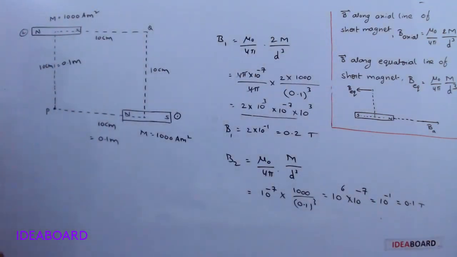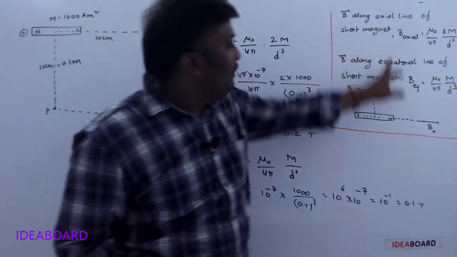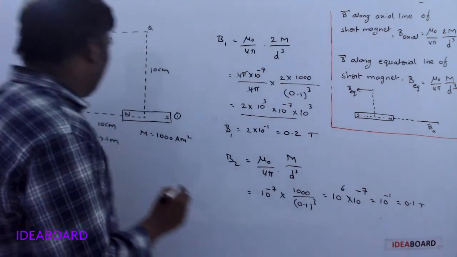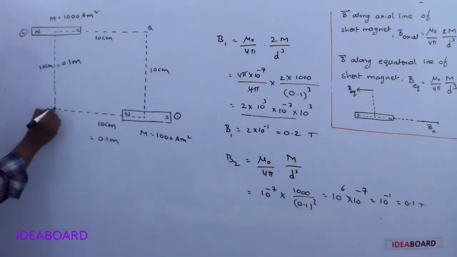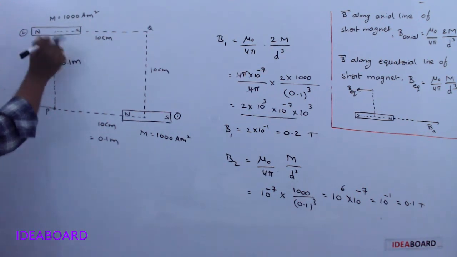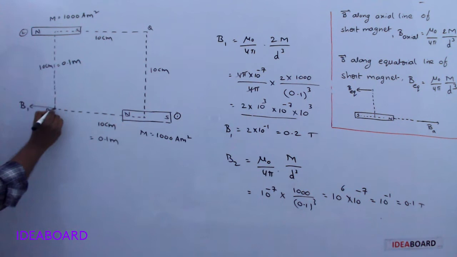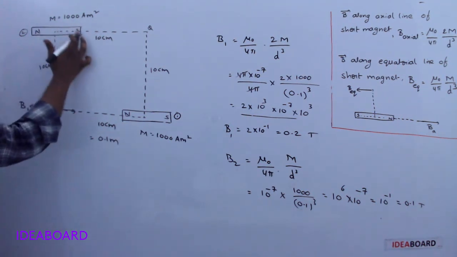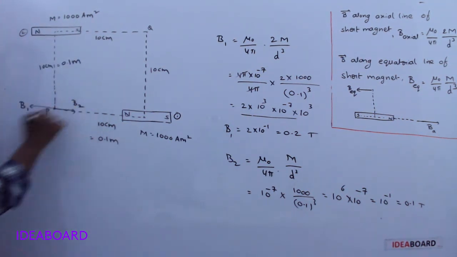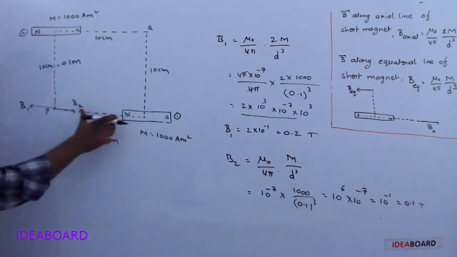Understand? So the direction of B1 along the axial line is from south to north, so B1 is in this direction. And for this one, B2 direction is north to south, so B2 is in this direction. So one is acting in this direction, another one is acting in the opposite direction.